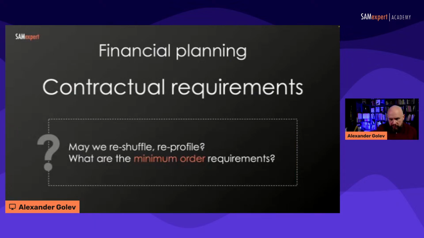Contractual requirements. When you think about Microsoft 365 costs, always consider, for example, as I told you, differences between annual and monthly subscriptions, because if it's an annual subscription, you can't really do anything about it until that year comes to an end, and then you can resubscribe. Same on Microsoft Enterprise Agreements.